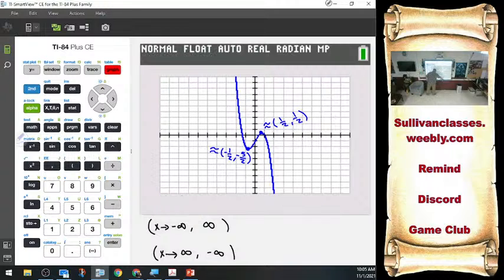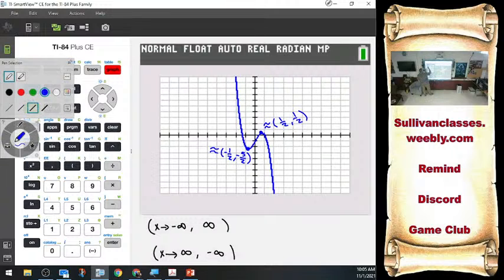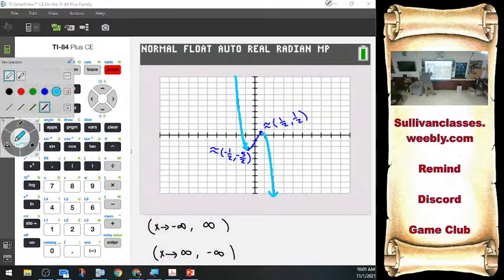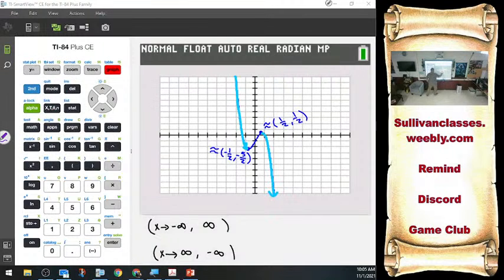So if I'm going to estimate my intervals of increase and decrease, you're asking, as you go left to right across the graph, is it headed up or down? So as I go left to right this way, my graph is headed down and down again. And in between there, it is headed up.